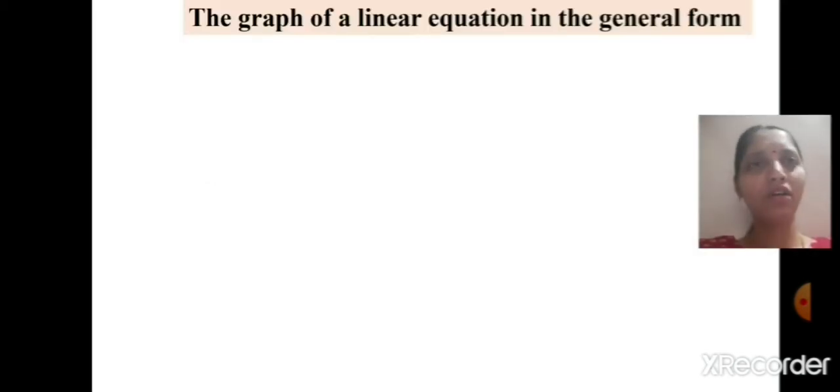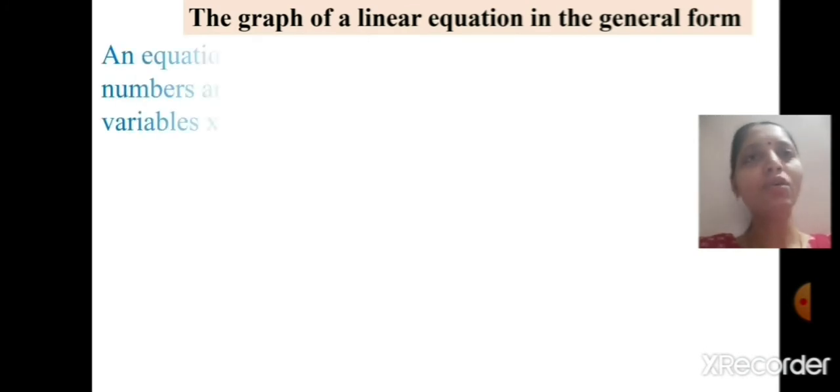Now we are going to learn the graph of a linear equation in the general form. You all know the meaning of a linear equation in two variables; you learned that in previous standards.